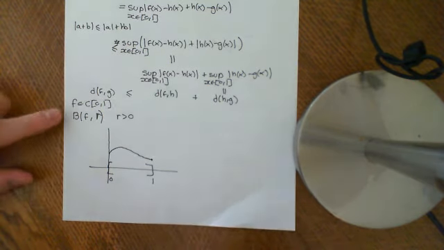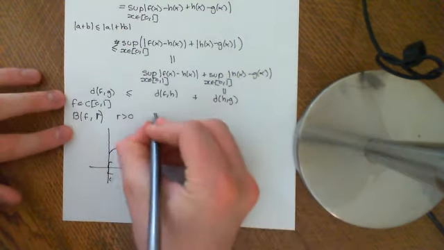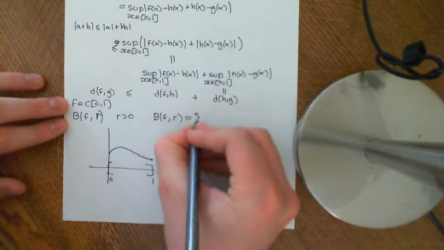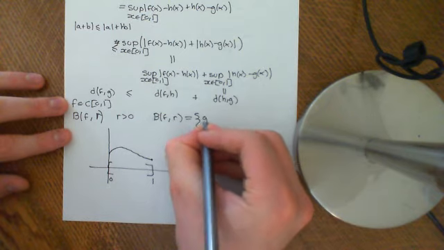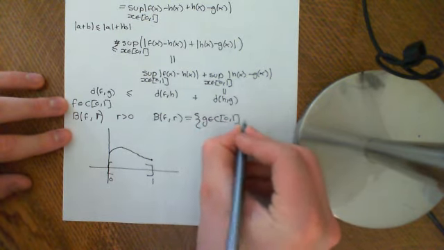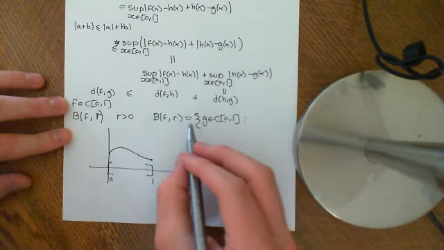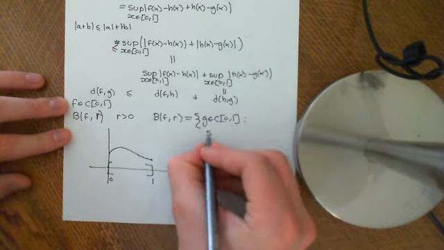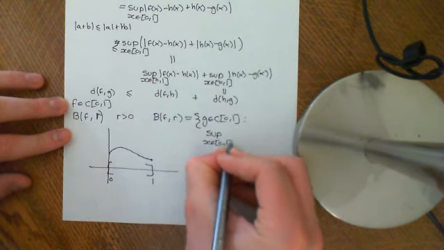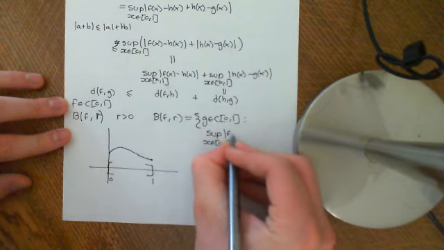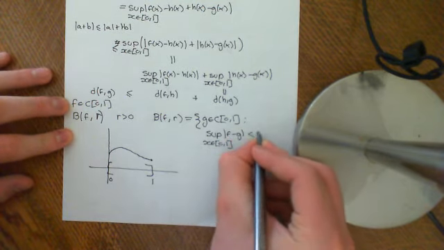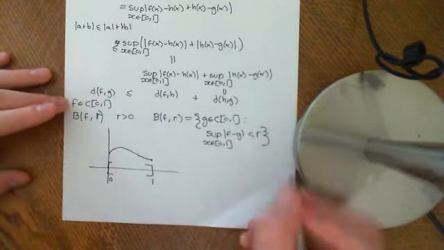Okay, and basically we're now saying this ball centered at f of radius r is going to be equal to the set of all functions g, an element of C[0,1], such that the distance between f and g is defined to be the supremum as x is an element of [0,1] of the modulus of f minus g, and we want that to be less than r, because it's an open ball.